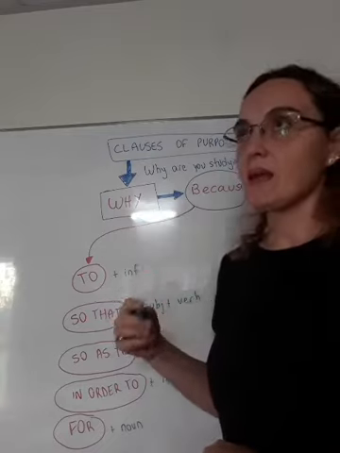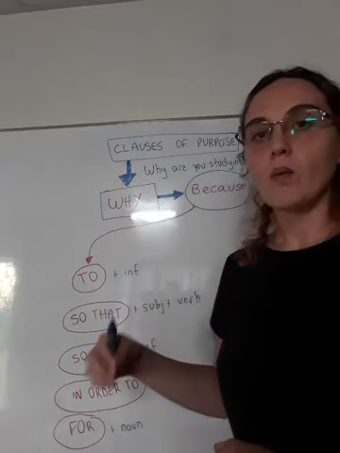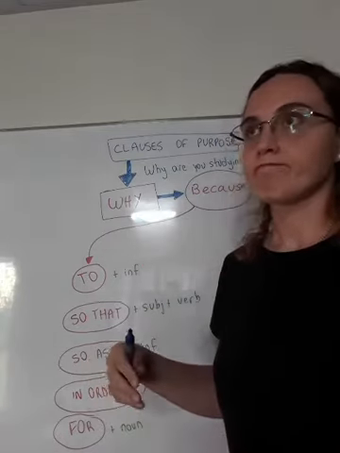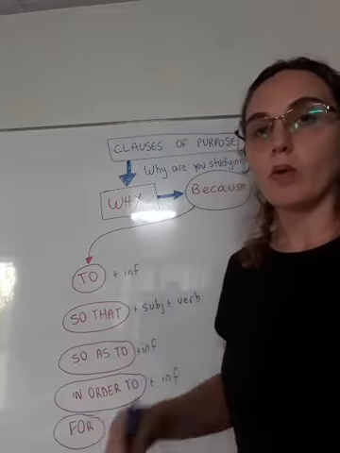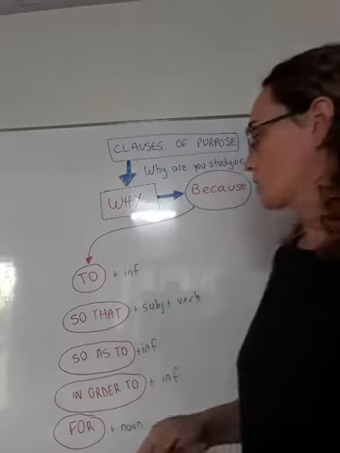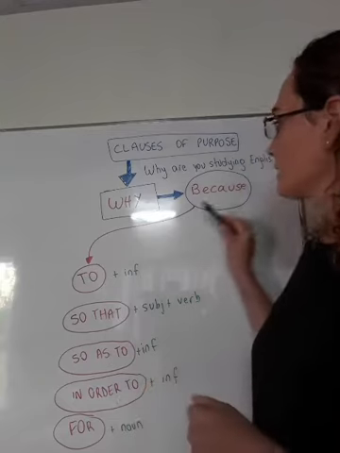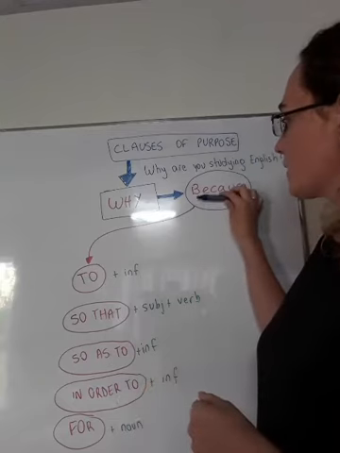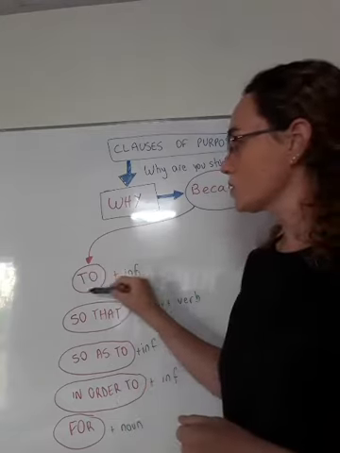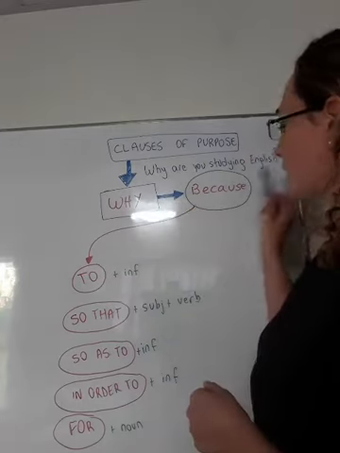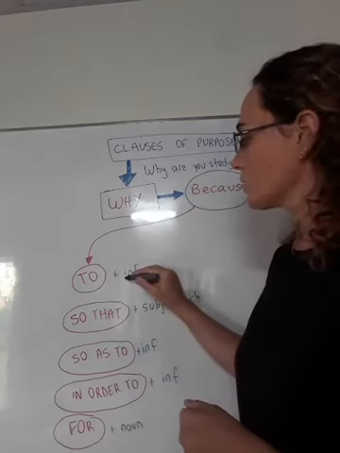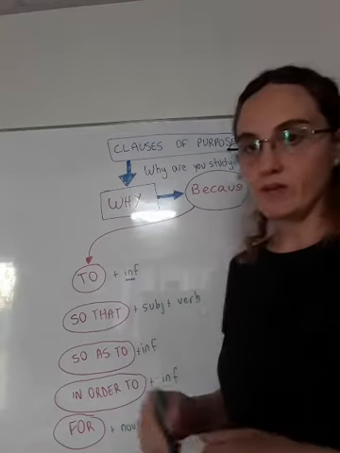Or I am studying English because I want to work abroad or I want to live abroad. So, instead of answering the question with because, we're going to use to. Why are you studying English? To is always followed by a verb in infinitive.